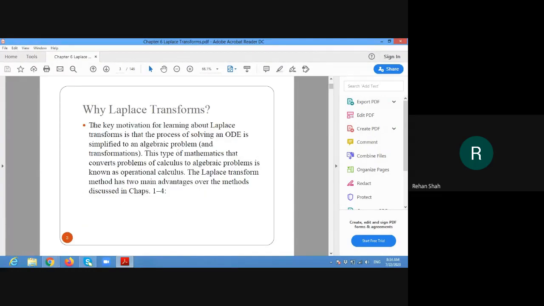The key motivation for learning about the Laplace transform is that the process of solving an ODE is simplified to an algebraic problem. It transforms the ODE to an algebraic equation, and you better know about algebraic equations.